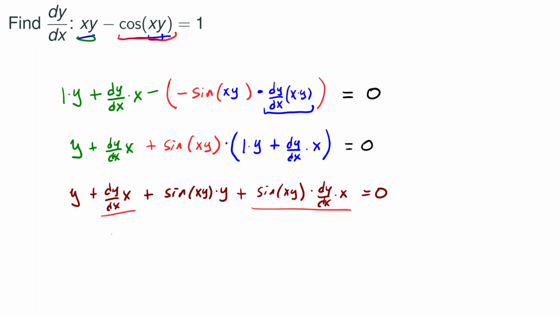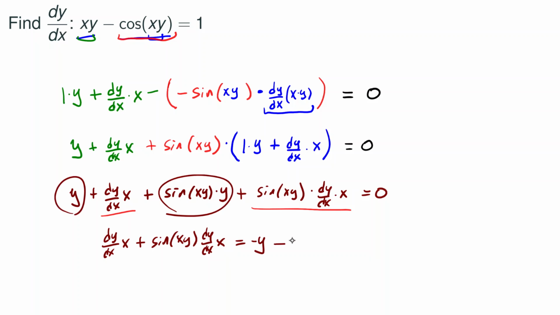So we have dy dx times x plus sine xy times dy dx times x equals, subtracting this from both sides, negative y, and negative sine xy times y.